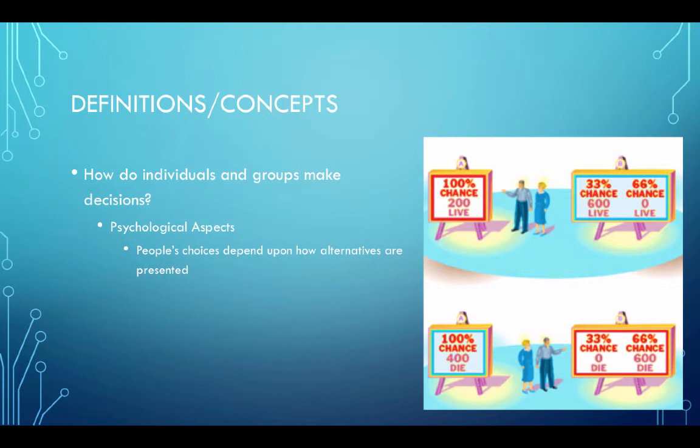Let's look at the upper row. So if I choose A, 200 live, 400 die. So I've saved 200 people. They're going to be my best friends. If I choose B, I have a 1 in 3 chance that 600 live and a 2 in 3 chance that 0 live. So there's a concept from probability and risk management called expected value.